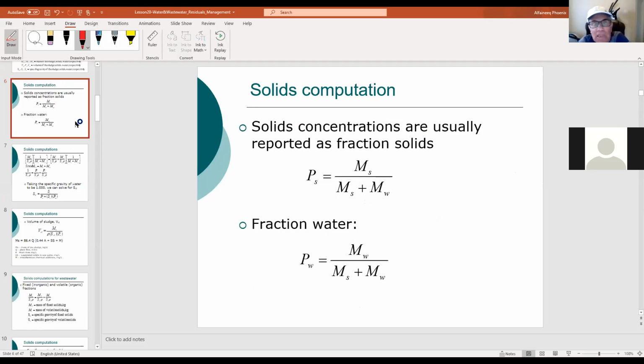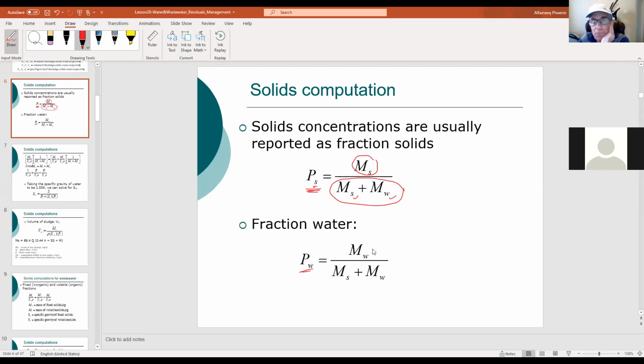Another form of formulas, sometimes we write it as a percent or as a fraction. So if you're looking at the percentage or the fraction of solids, it's going to be the mass of the solids divided by the total mass. And we agree the total mass is nothing but the solids plus water. Or you might be interested in the fraction of water.